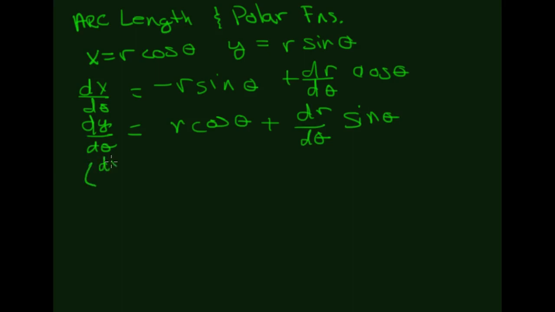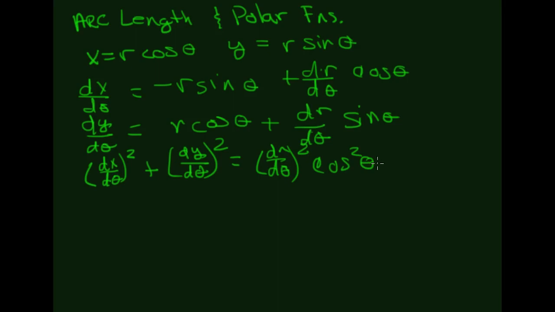If I take what's inside the formula, dx d theta squared plus dy d theta squared, this is going to give me dr d theta squared times cosine squared theta, and then the minus 2 r sine theta cosine theta dr d theta.